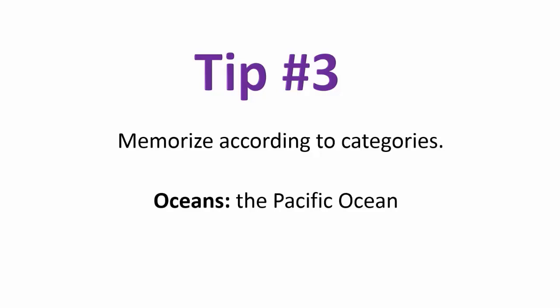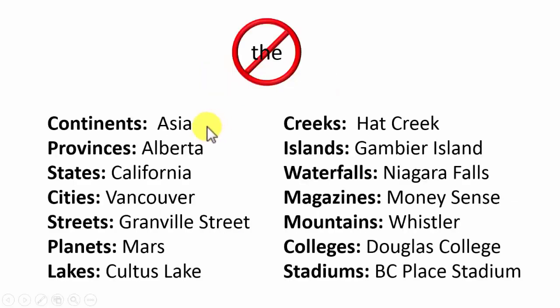For example, oceans always use "the," the Pacific Ocean. Lakes don't use "the." For example, Alice Lake. Don't use "the" with these proper nouns. Continents, Asia, Europe. Provinces, Alberta, British Columbia. States, California, Washington. Cities, Vancouver, Toronto. Streets, Granville Street. Planets, Mars, Jupiter, Mercury.